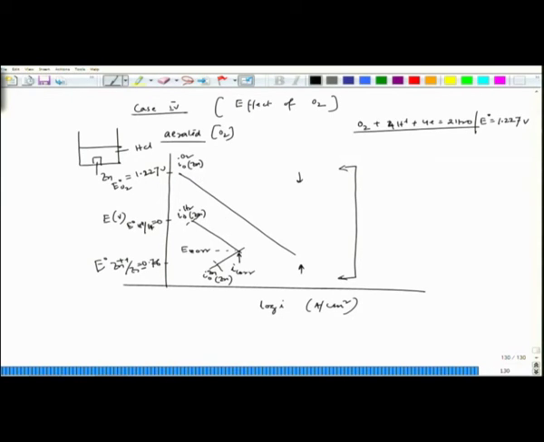Now, once it reaches this potential, it comes across another cathodic reaction. So, the total cathodic reaction should be added up. So, we add up and then we extend this. This is my new corrosion rate. So, this is I core case 2 when we have oxygen present, and this particular potential is E core case 2 when we have oxygen.